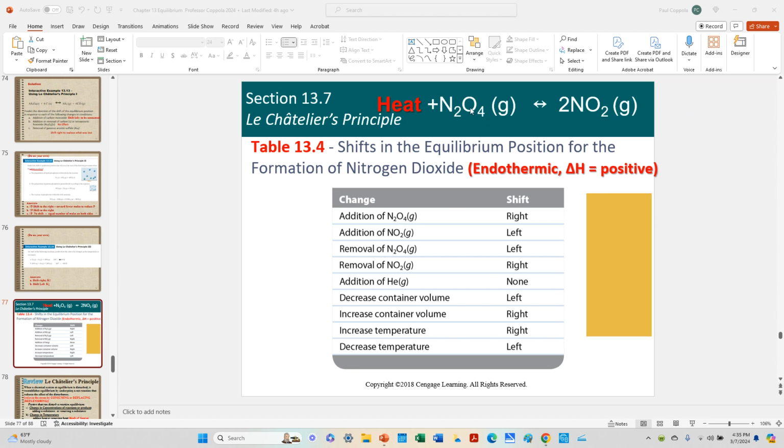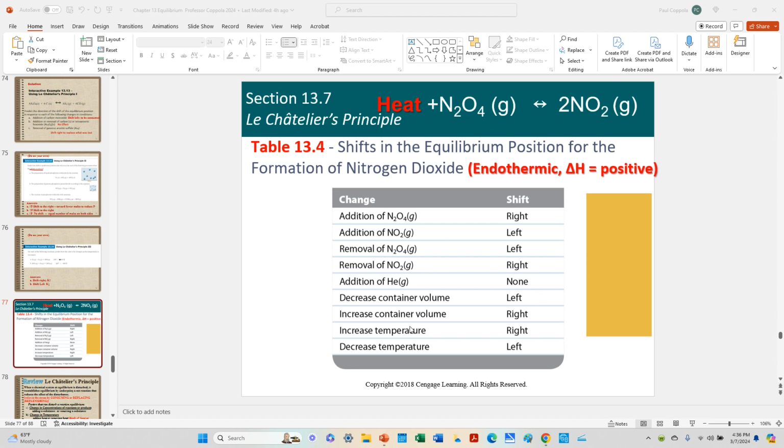So when we add N2O4, it's going to shift to the right to consume it. When we add NO2, it's going to shift to the left to consume that. If we remove N2O4, it wants to replenish it. So to do that, it has to shift left, and that's what we have here. Removal of NO2, same thing. We remove NO2 to replenish it, it's going to shift right.